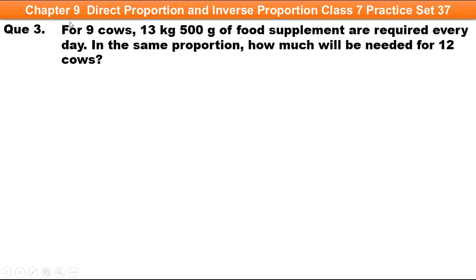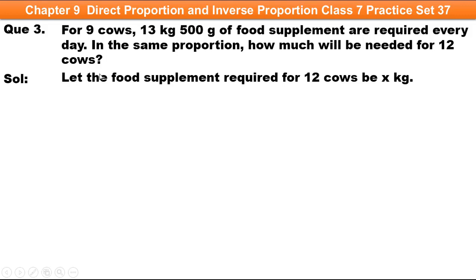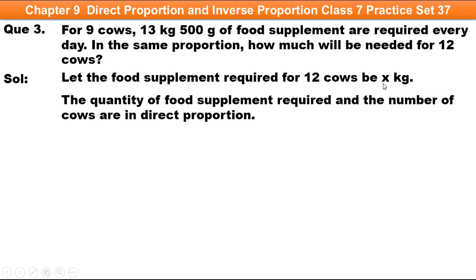Question third. For 9 cows, 13 kilogram and 500 gram of food supplements are required every day. In the same proportion, how much will be needed for 12 cows? Let the food supplement required for 12 cows be x kg. The quantity of the food supplement required and the number of cows are in direct proportion.